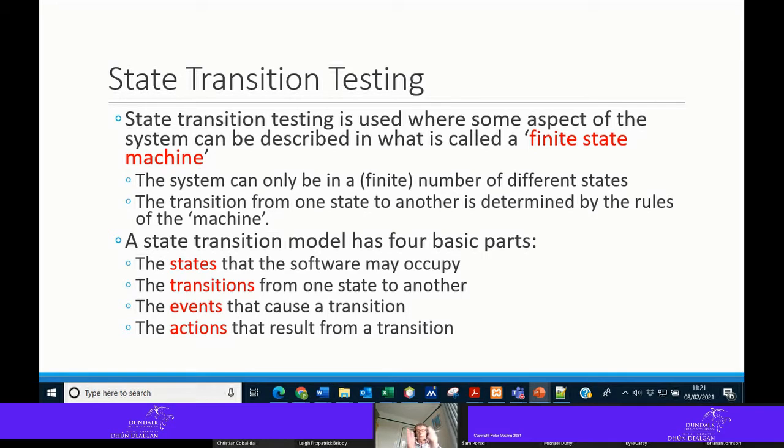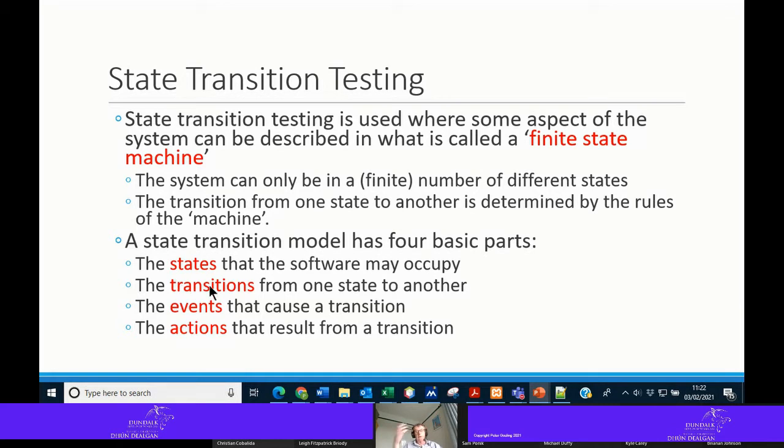Also an event could be different, because if the information is okay and hasn't been used before, you transition from the state of being unregistered to the state of being registered. And then actions that can result from a transition. Because of a transition, we're now going to show you a particular dashboard or a different setup or whatever. So that's the general idea with these 4.